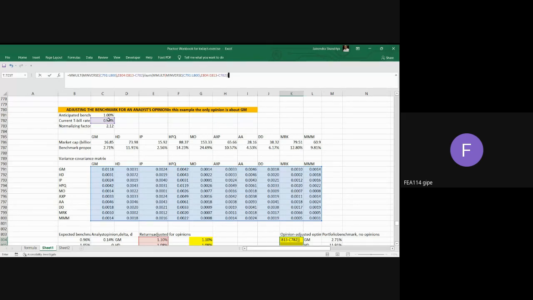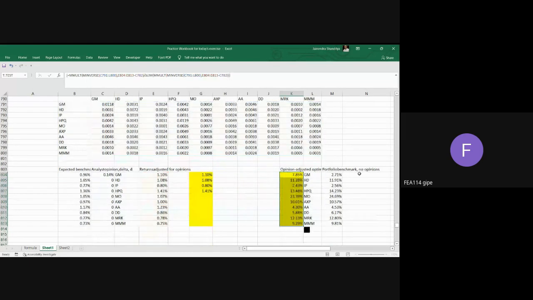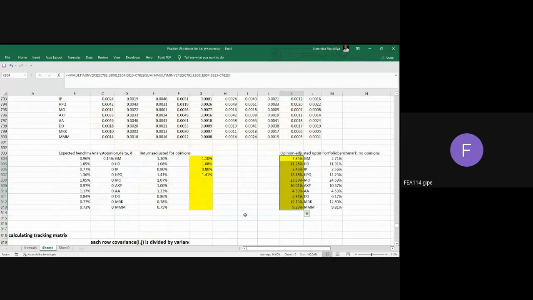Let me count from here, because one more factor came. So I need 1, 2, 3. 1, 2, and 3. So this is done, and the first one also is done. Yeah, so hopefully we are done with this. If I press Control Shift Enter, I will get the whole thing.